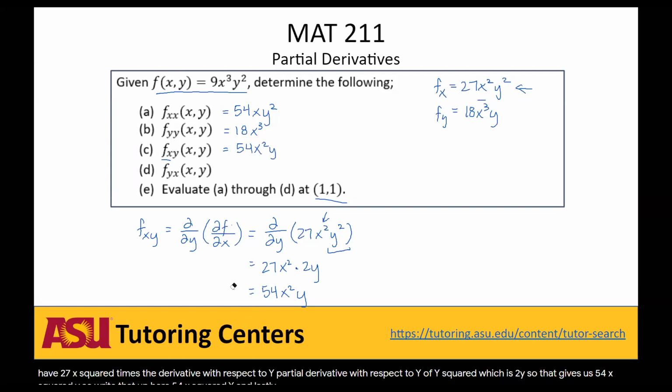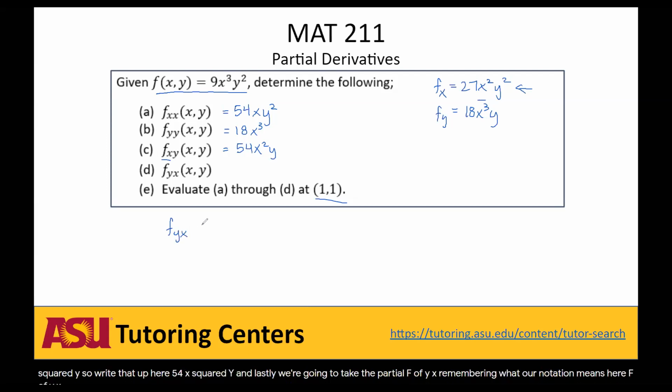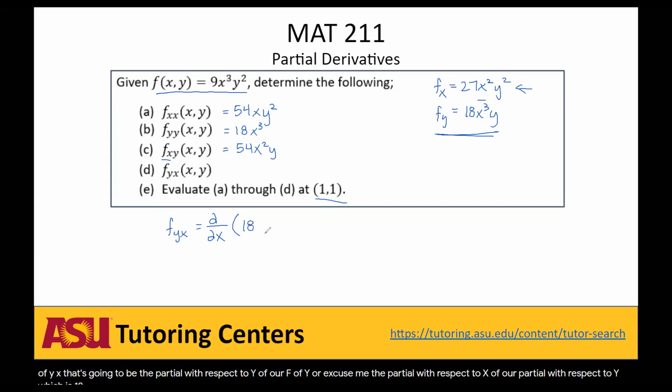And lastly, we're going to take the partial f of yx. So again, remembering what our notation means here, f of yx, that's going to be the partial with respect to x of our partial with respect to y, which is 18 x cubed y.